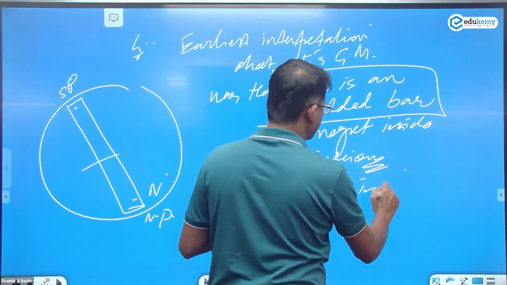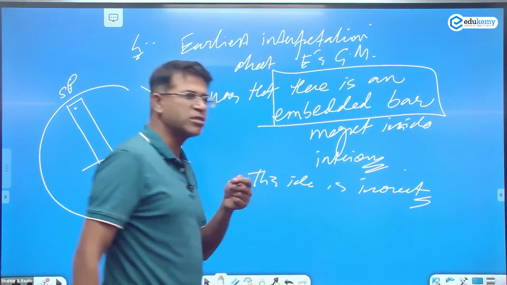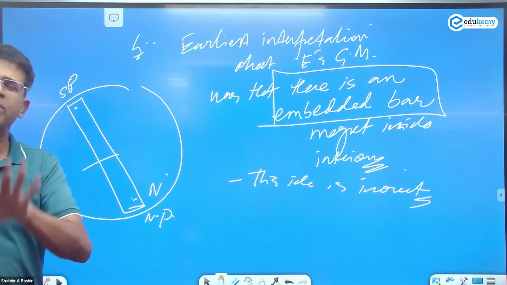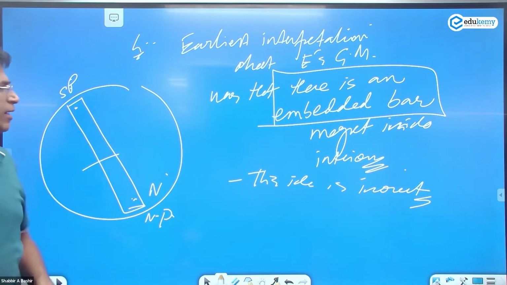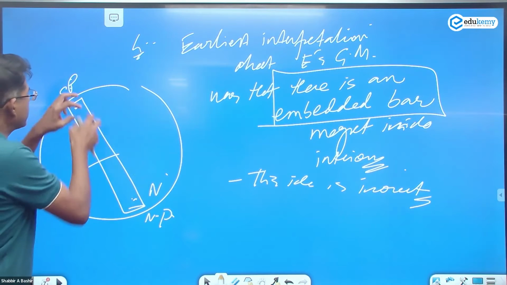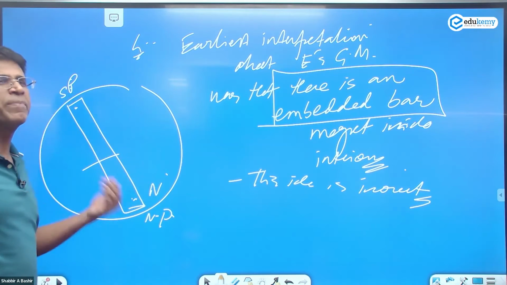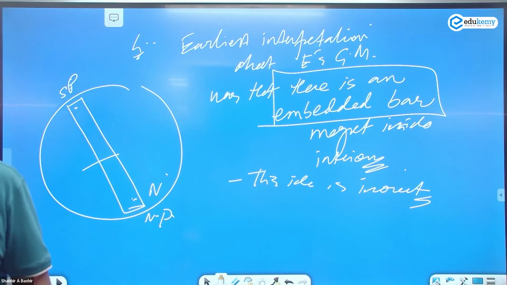But now this idea is incorrect, because even if we had such a magnet, it is so hot inside that it would have melted, and at high temperatures things lose their magnetism.